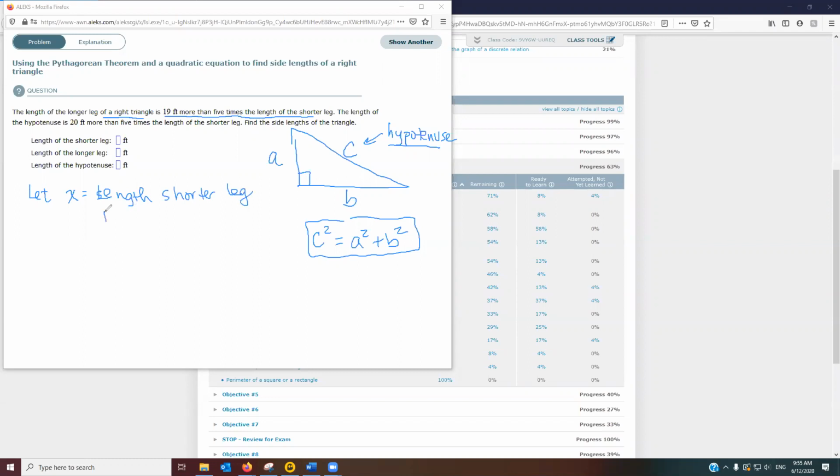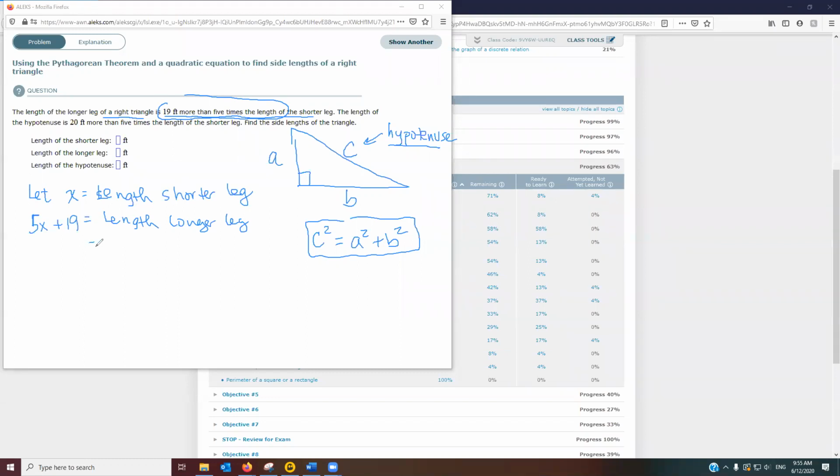Let me try to come up with an expression for the length of the longer leg. From the first sentence, it says 19 more than 5 times the length of the shorter leg. So I'm going to write that as 5x, that's 5 times the length of the shorter leg, plus 19.